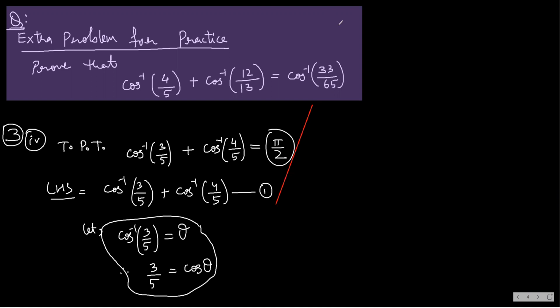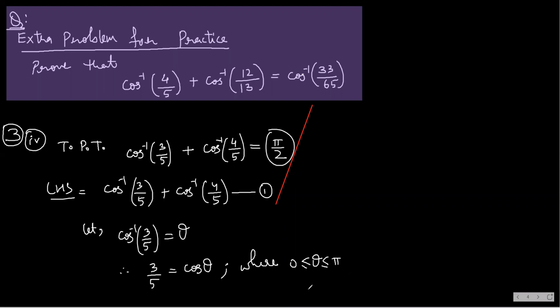For that, the principal value of theta is between 0 and pi. But looking at the cos theta value, it is very clear that theta is in the first quadrant. So I will write here theta is between 0 and pi by 2. Theta lies in the first quadrant.